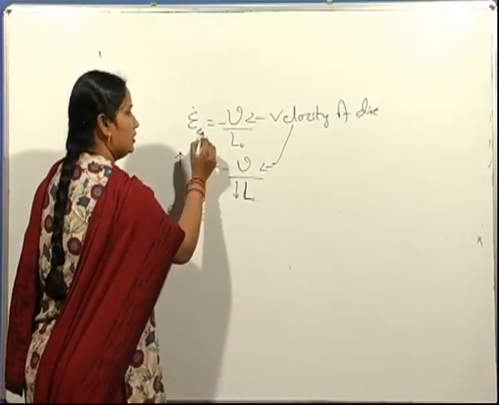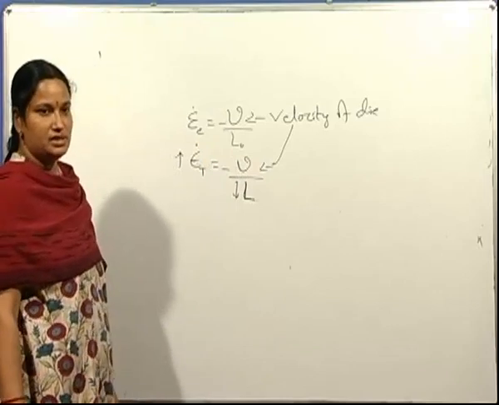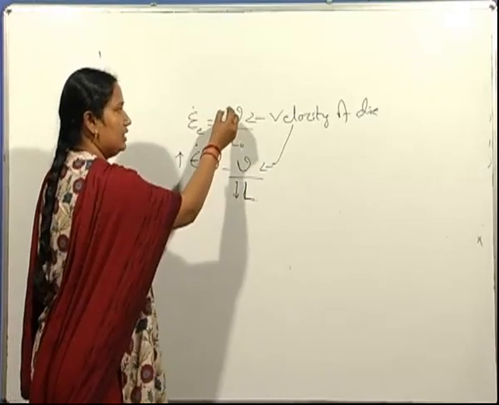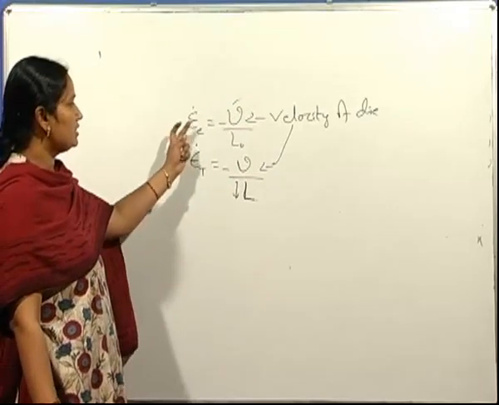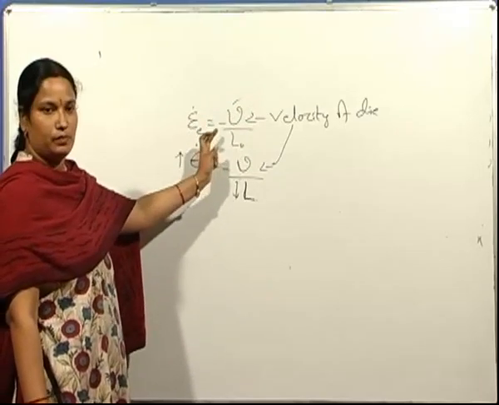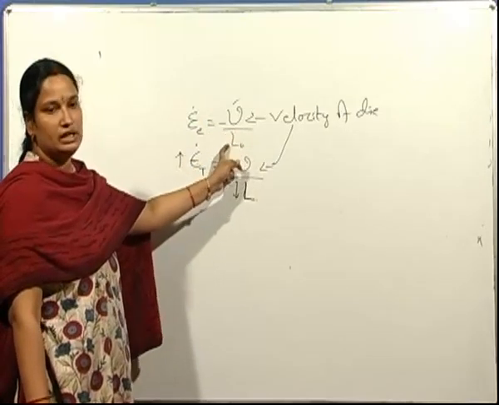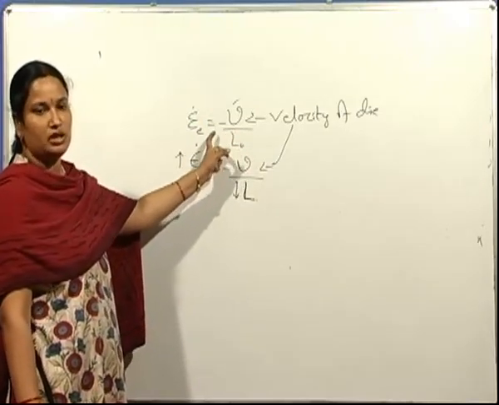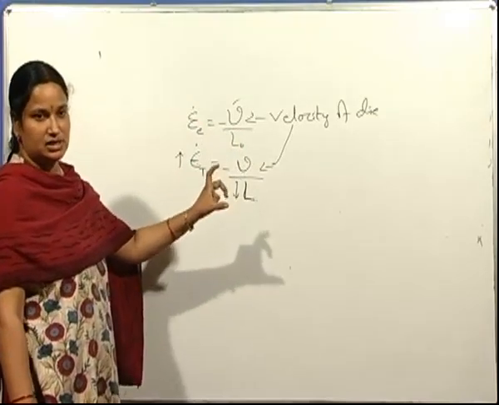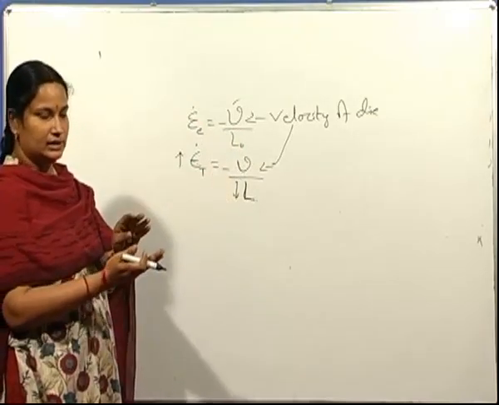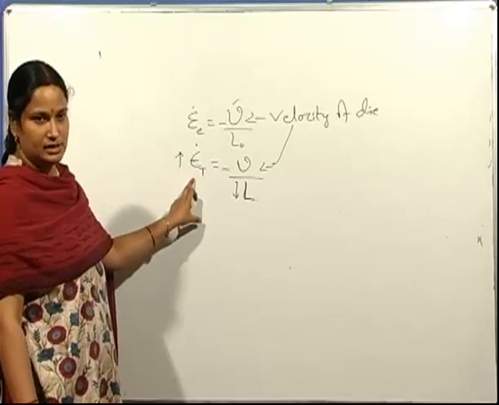For the case of engineering strain rates, this can be carried out easily at constant velocity. Why? Because this is proportional to that of the initial length. This is based on initial length, whereas here it is based on instantaneous length. So as the length decreases, the strain rate increases.